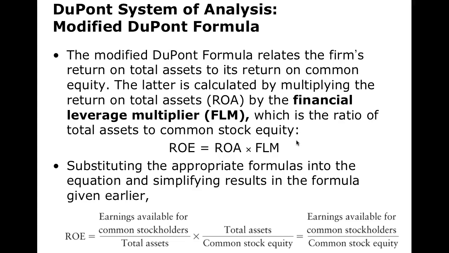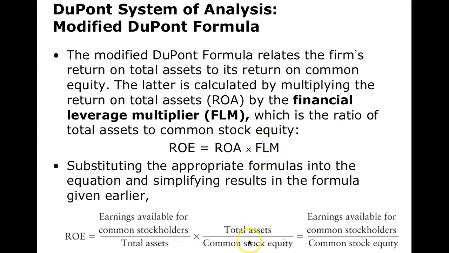Now, if we want to look at return on equity, we could take return on assets and multiply it by the financial leverage multiplier. So return on assets, again, is net profits divided by total assets. Remember, earnings available to common stockholders is basically net profits. Divided by total assets is our return on assets. Total assets divided by common equity is what we call our financial leverage multiplier.